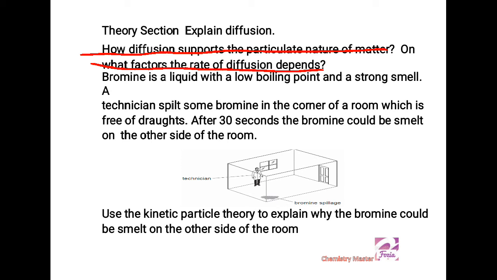And after some time, the scientist smells the bromine all over the room. How does it happen? You have to explain it. Bromine particles are in the liquid state, and after some time they evaporate and the particles spread in the room. You have to explain this process of diffusion with the help of kinetic particle theory.